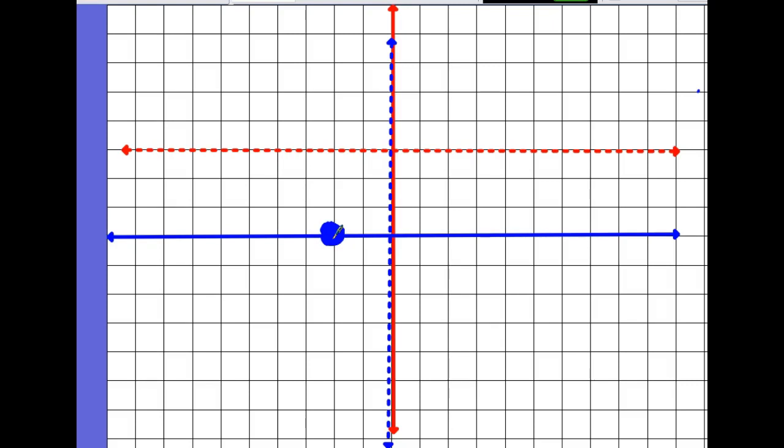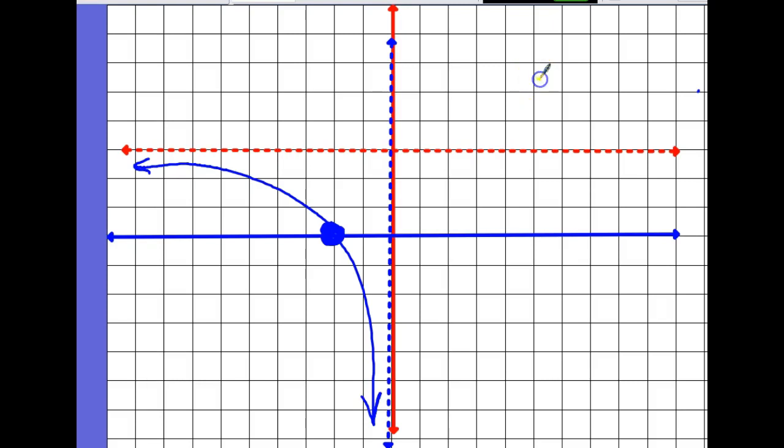Now, if you want to be an overachiever, you can calculate some more points on the graph, but this is basically what this side of the graph is going to look like. If it has these 2 asymptotes, it's going to have those 2 branches like we did on the pink worksheet at the first of this unit.